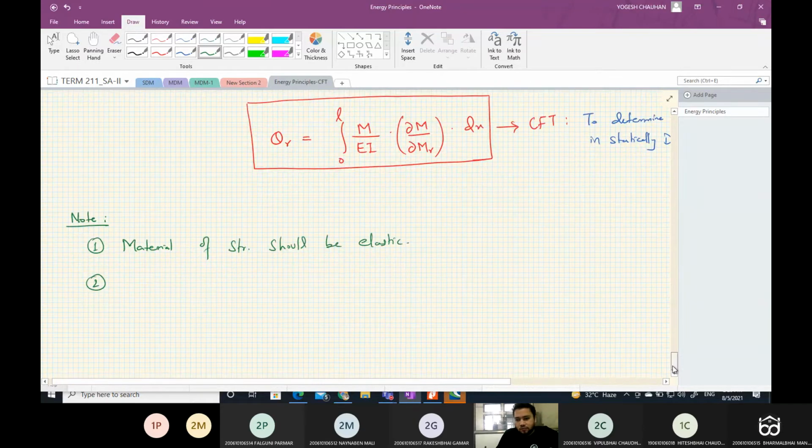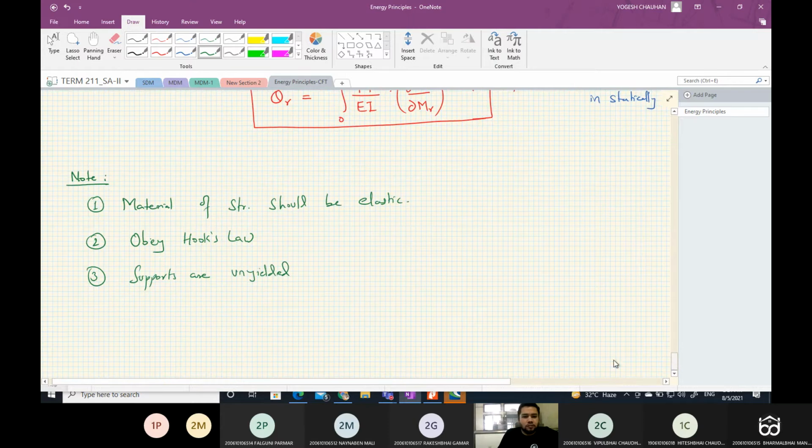Second, it should obey Hooke's law. Third, supports should remain unyielded, which means there is no displacement of the supports.